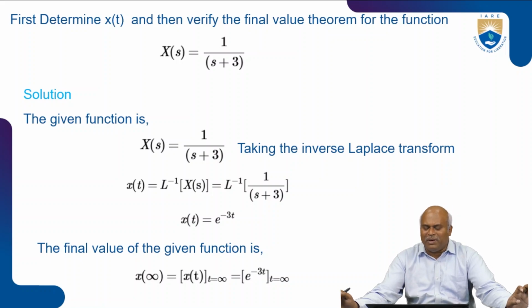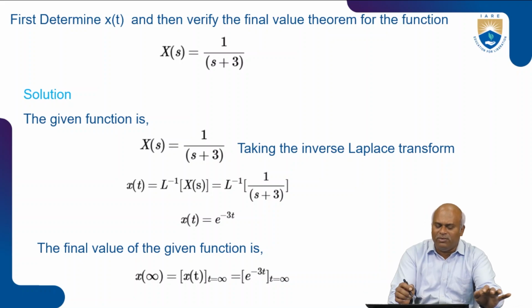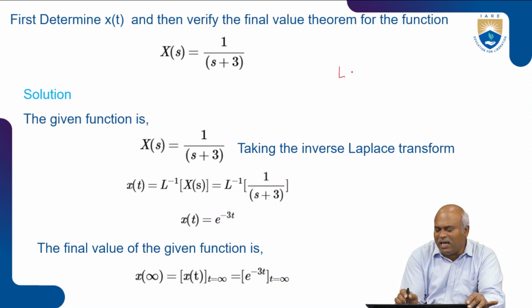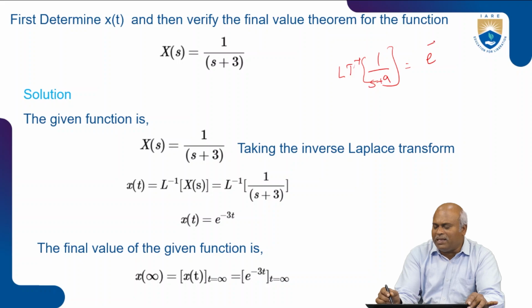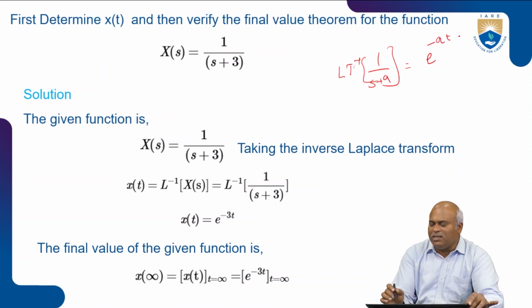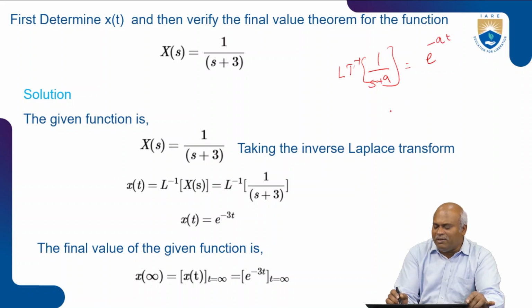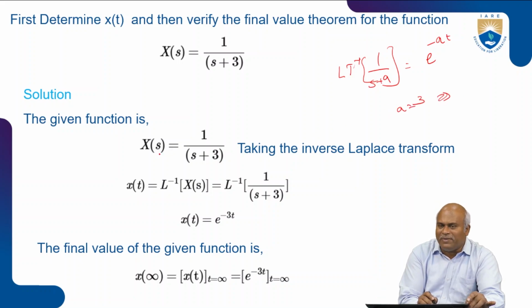Taking the inverse Laplace transform, we know the inverse Laplace transform of 1 by (s plus a) is equal to e^(-at). So in place of a, here we use 3.